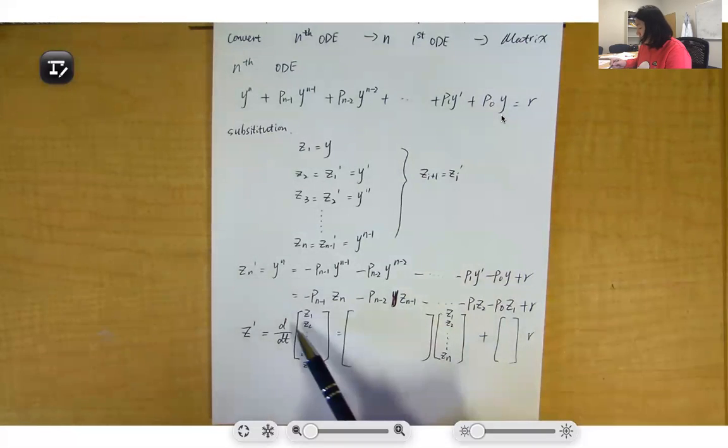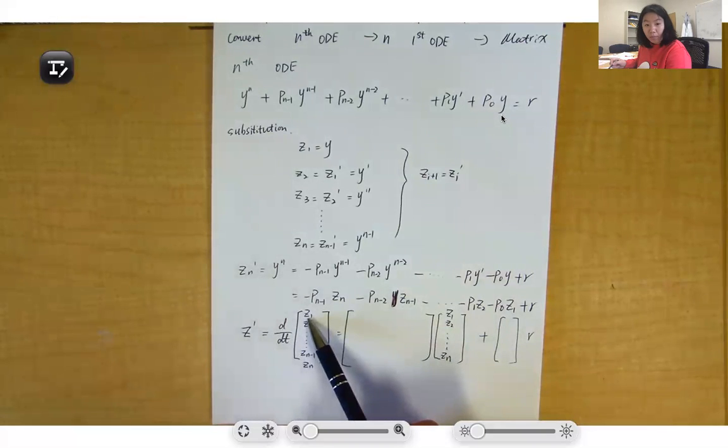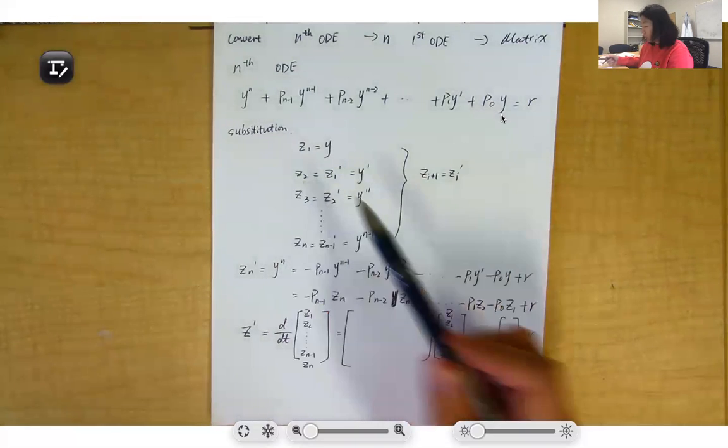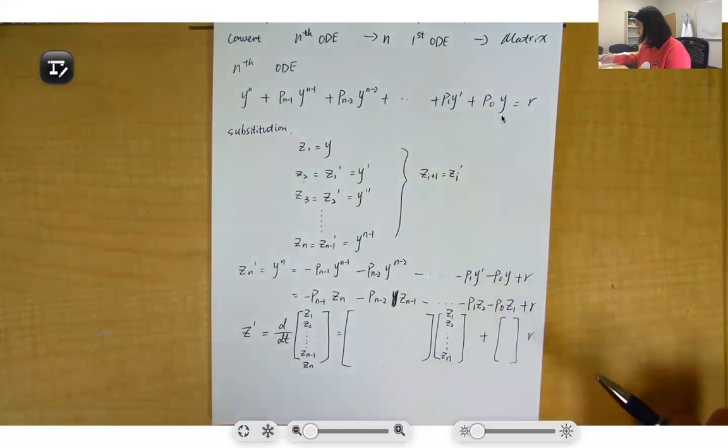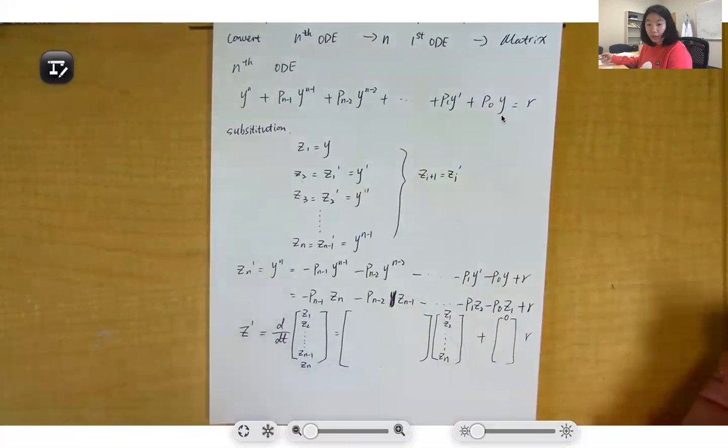The first row will be z1 prime, and z1 prime equals z2. Since z1 prime equals only z2 without the forcing function, the forcing function coefficient will be 0 here.